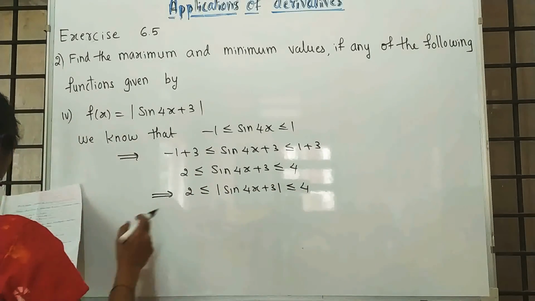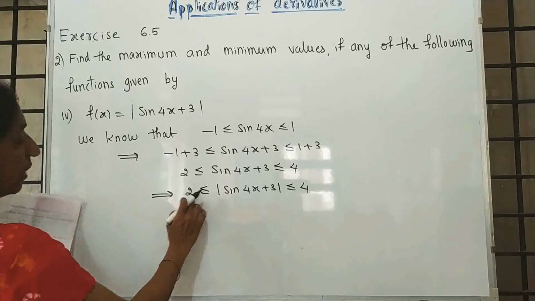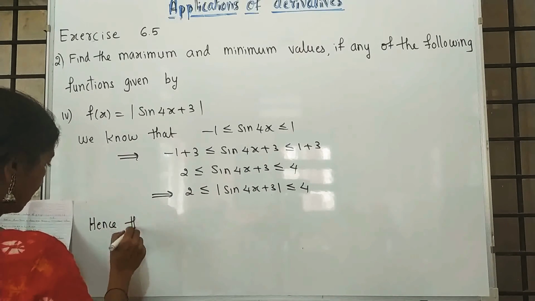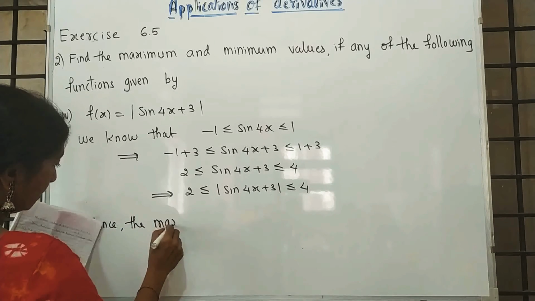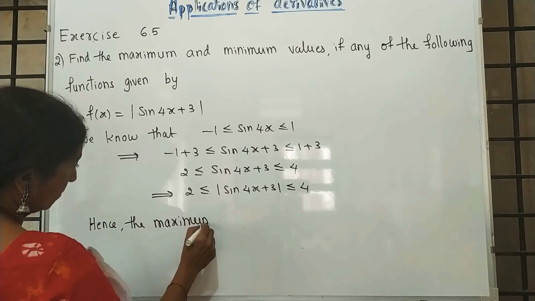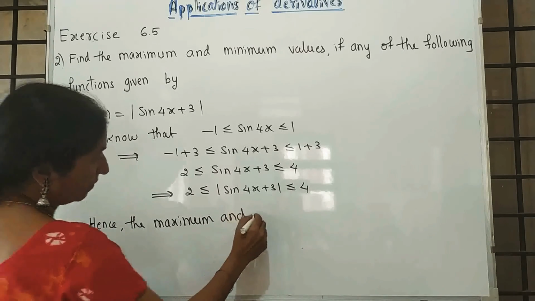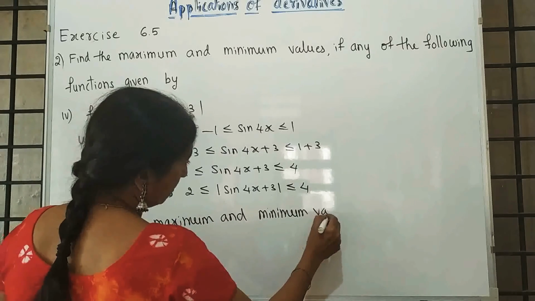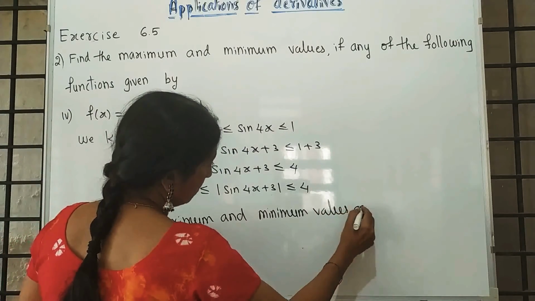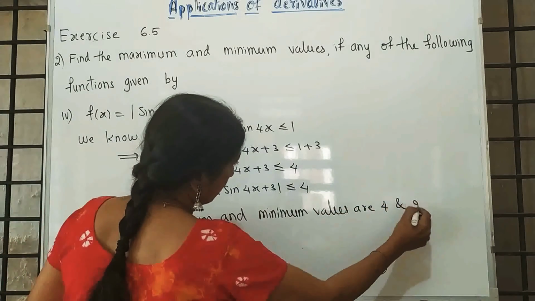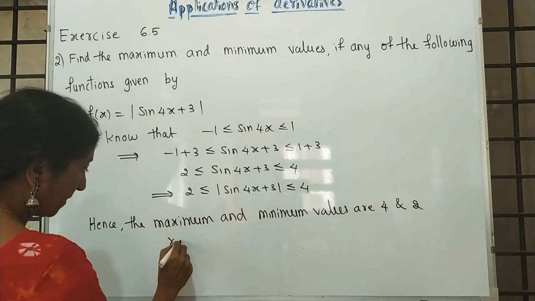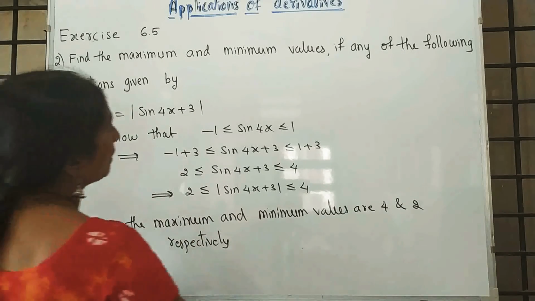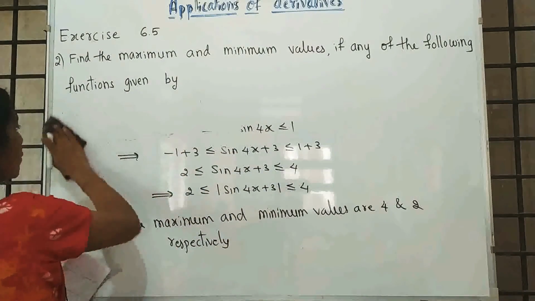Modulus of positive numbers is positive. Hence, the maximum and minimum values are 4 and 2. See, in these examples we are solving without applying differentiation.